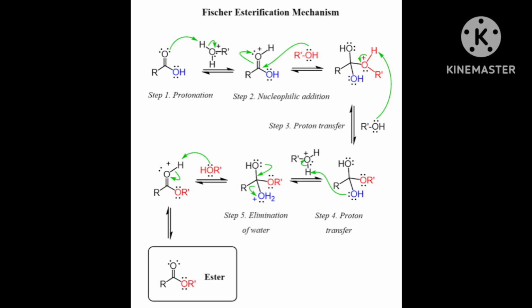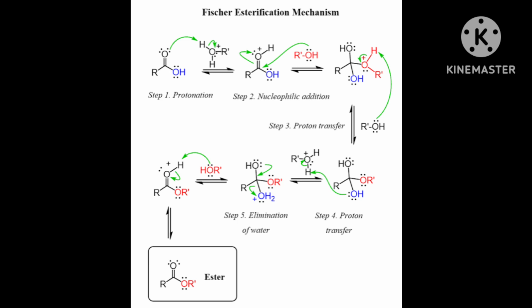Then what will you get? You will get RO, then C, because the carbon joins with oxygen, and that C has a double bond oxygen. Here two oxygens are there.